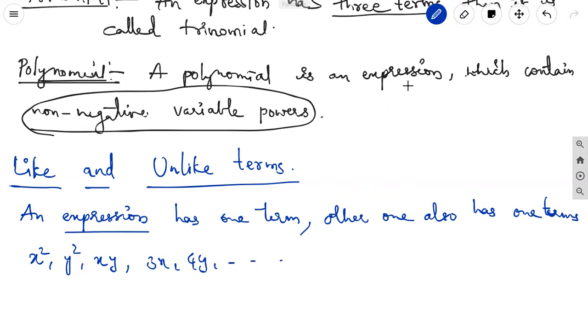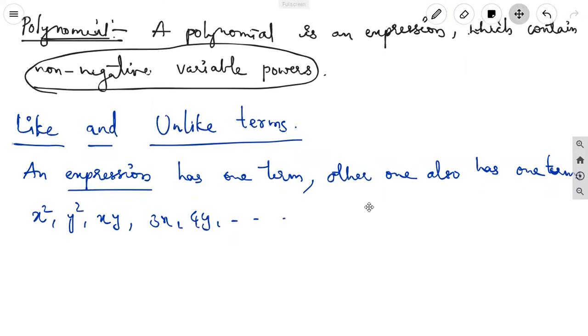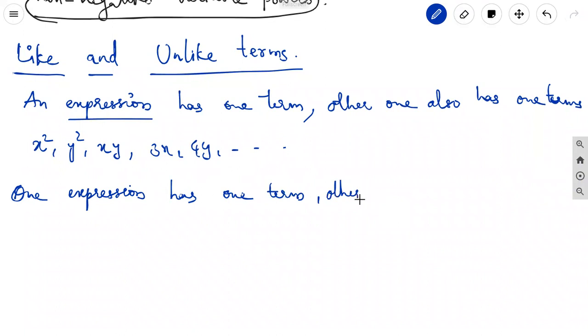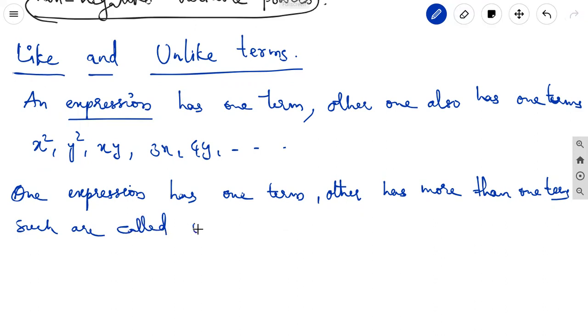Unlike terms means if one expression has one term and another expression has more than one term, such expressions are called unlike terms.